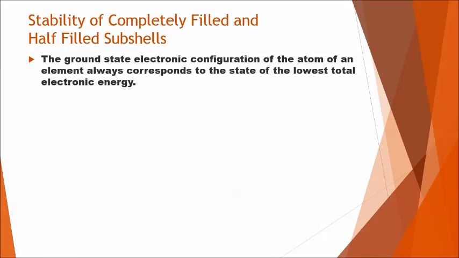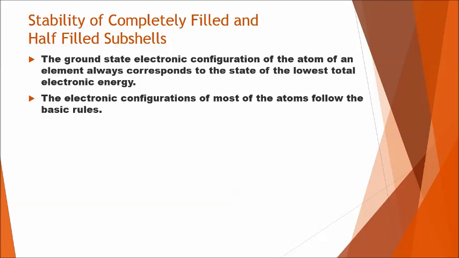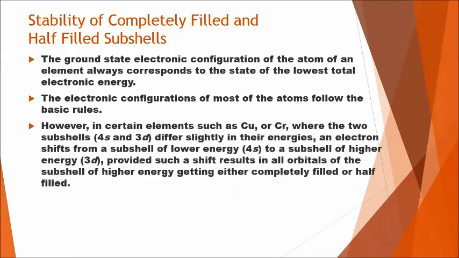Next topic is stability of completely filled and half filled subshells. The ground state electronic configuration of the atom of an element always corresponds to the state of the lowest total electronic energy. The electronic configuration of most of the atoms follows the basic rules.